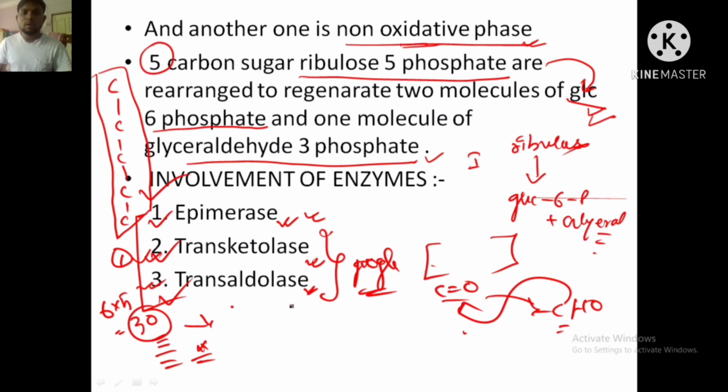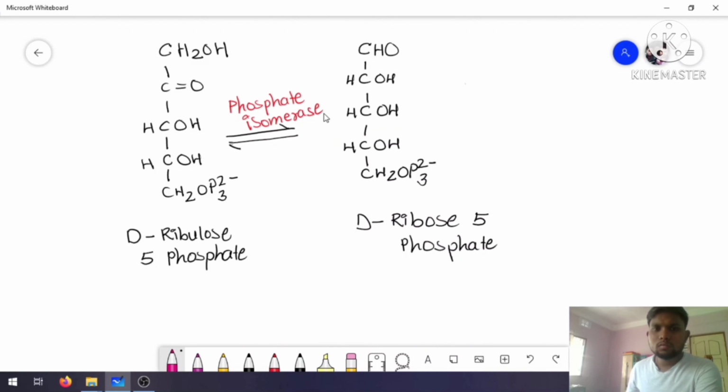So let's see one by one all the reactions, how these things are happening. Okay, so let's start with the non-oxidative phase. This is the first stage of non-oxidative stage, where ribulose 5-phosphate is converted into ribose 5-phosphate.